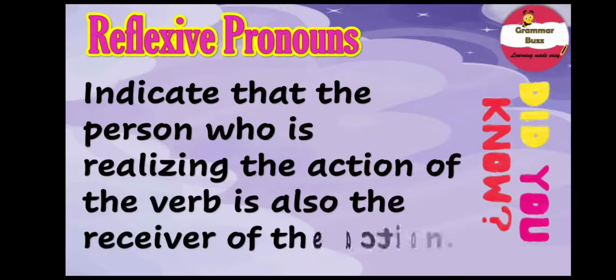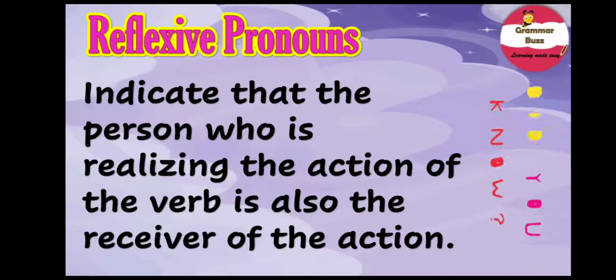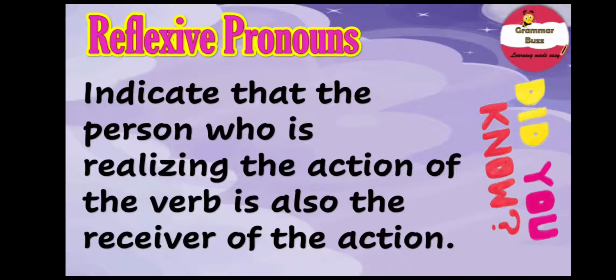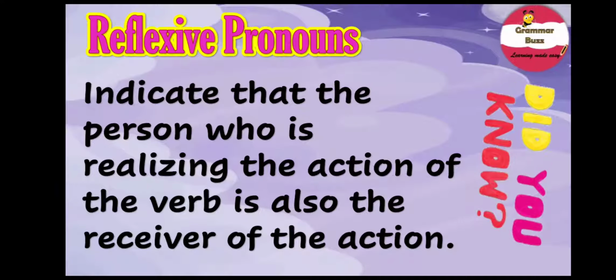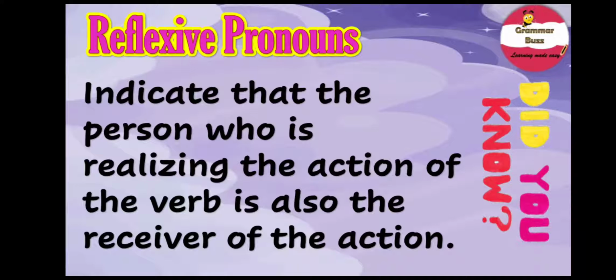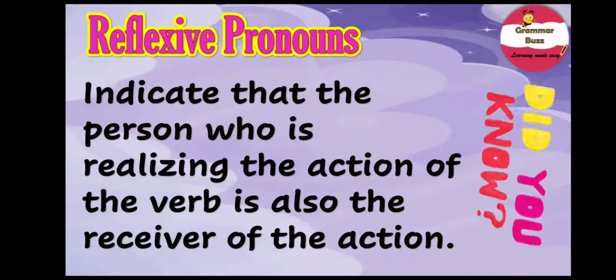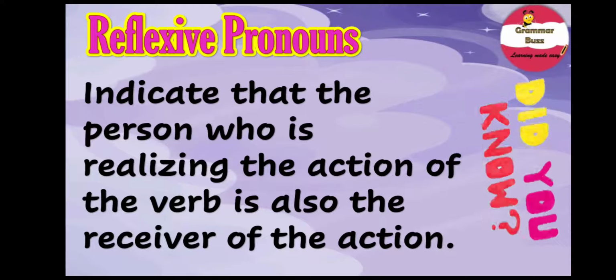So, did you know that reflexive pronouns indicate that the person who is performing the action of the verb is also the receiver of the action? That means the subject and the object of the sentence are the same. A reflexive pronoun would be used only when both the subject, that is the doer of the action of the verb, and the object, that is the receiver of the action of the verb, are the same. Simple, right?